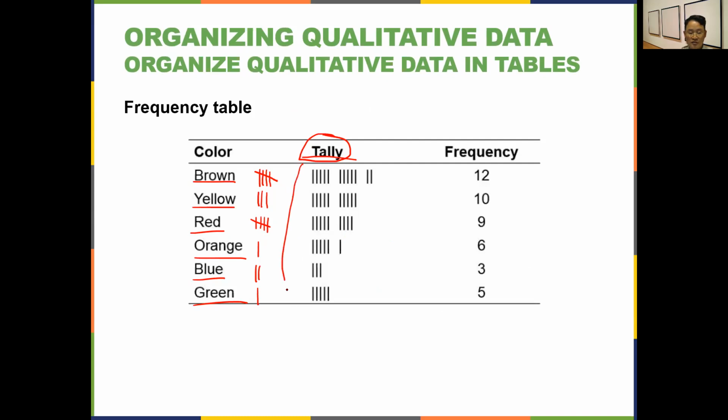Then you have this tally, which is counting. And you can see that there's 12 brown, I guess the most popular. Next one is yellow. Next one is red and orange. And blue, you only have 3. You only have 3 blue. Wonder why, right?